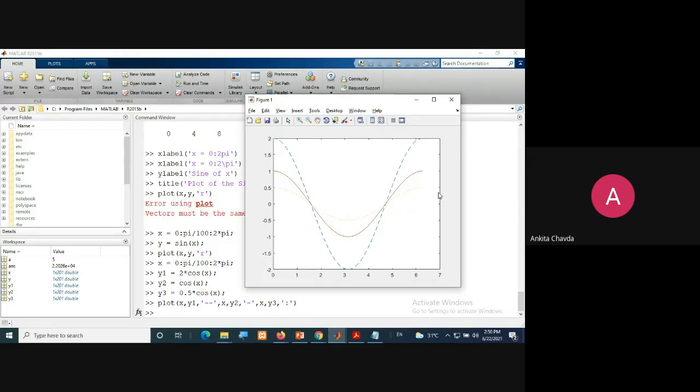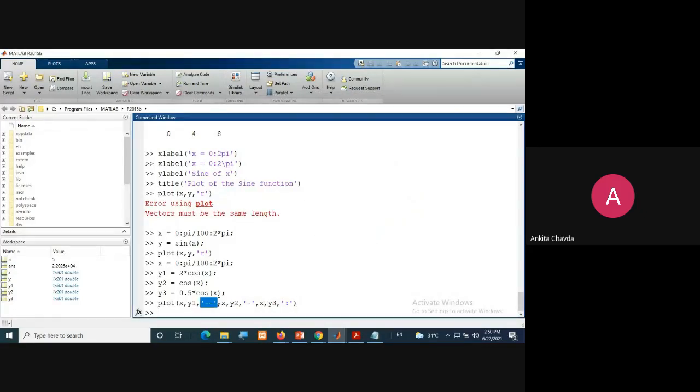By default, if you do not specify, MATLAB itself will use different kinds of colors and patterns to identify the three different graphs. But if you simply want to specify, you can specify like this.